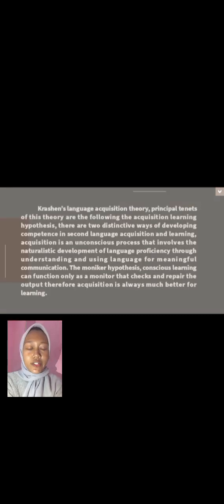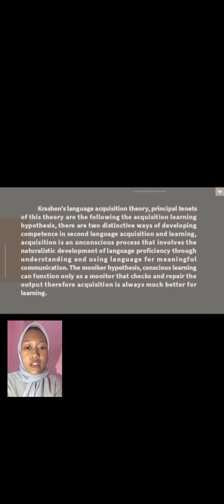Krashen's language acquisition theory has the following principal tenets. The acquisition-learning hypothesis: there are two distinctive ways of developing competence in a second language, acquisition and learning.